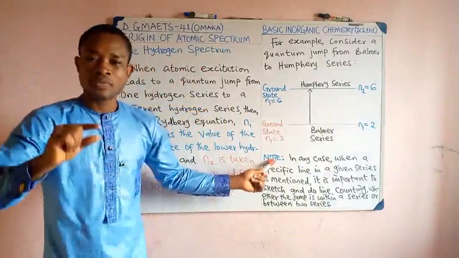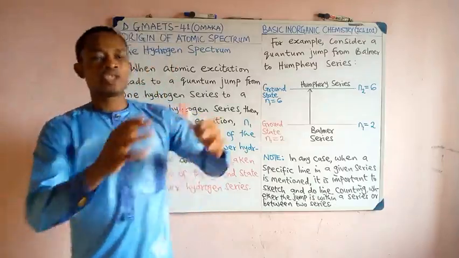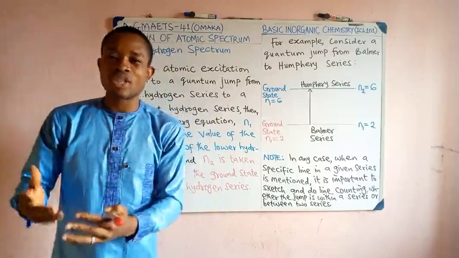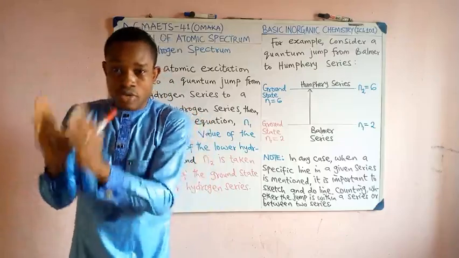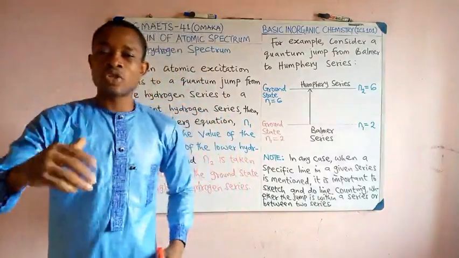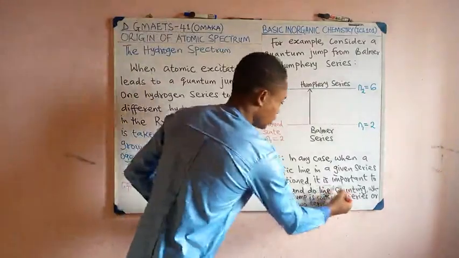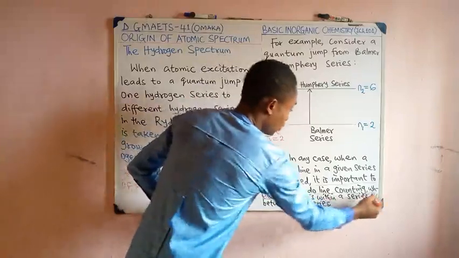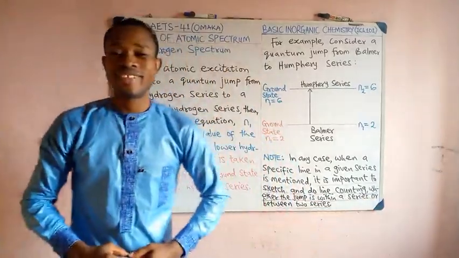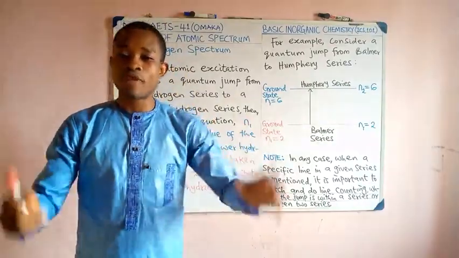Whenever in a given problem the position of the line it jumped from and the position of the line it jumped to are specified, whether the quantum jump is in one particular series or between two different series, it is very important that you do line counting. So you sketch the lines and then you count, just like I did in the previous video. That will help you to get your n2 value.